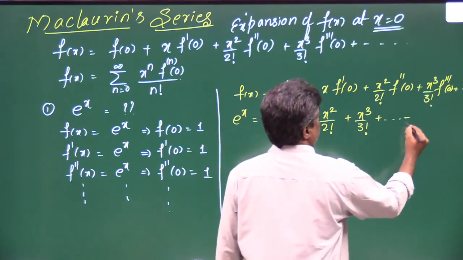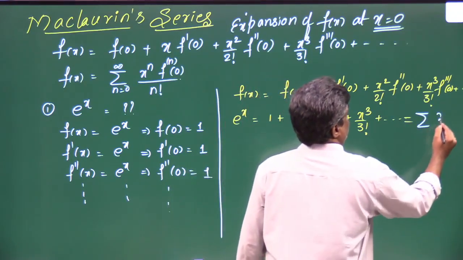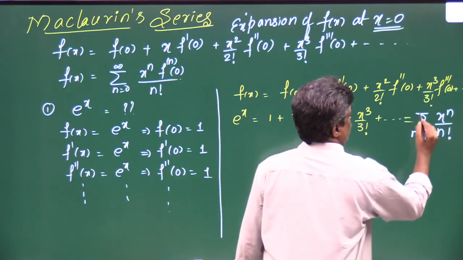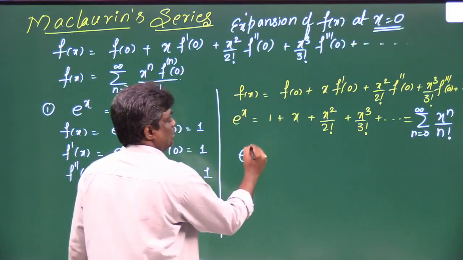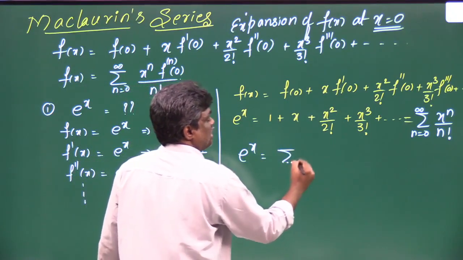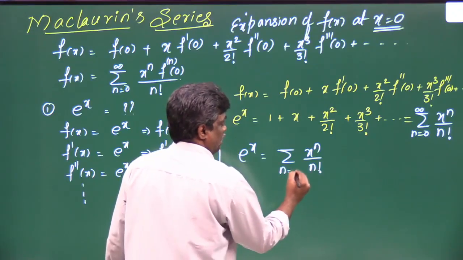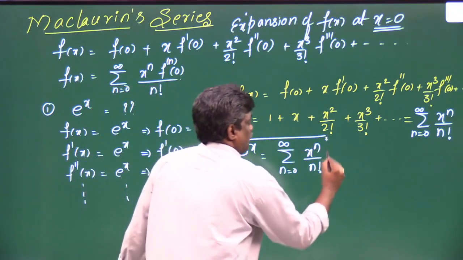You can write it in the summation form. This is the summation of x power n by n factorial, where n is equal to 0 to infinity. So e raised to x is the summation of x power n by n factorial, where n is equal to 0 to infinity. So don't forget.